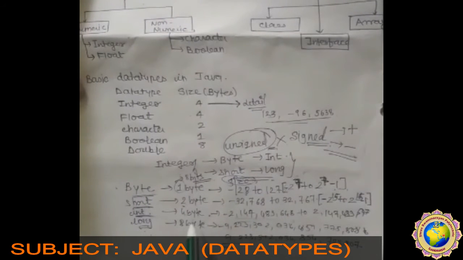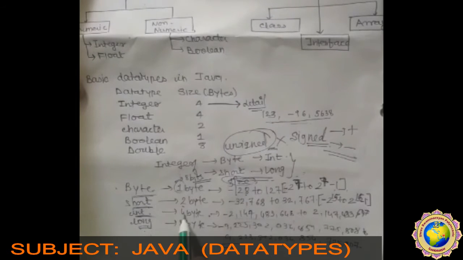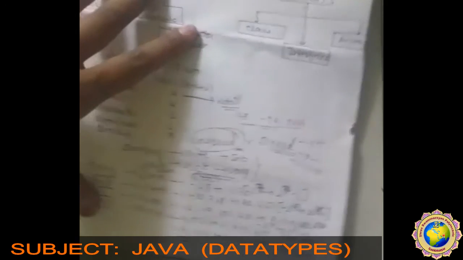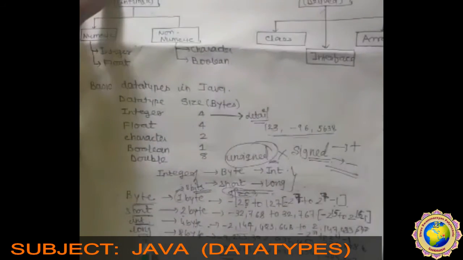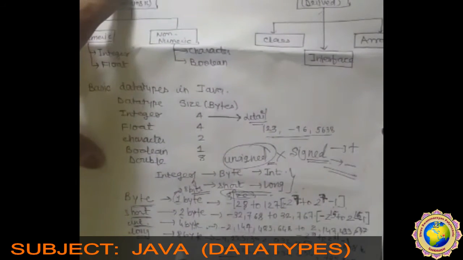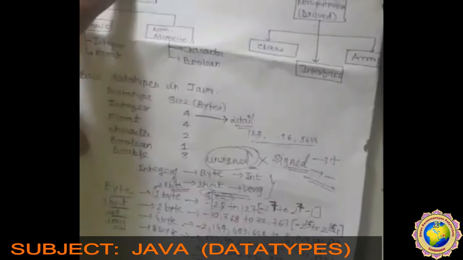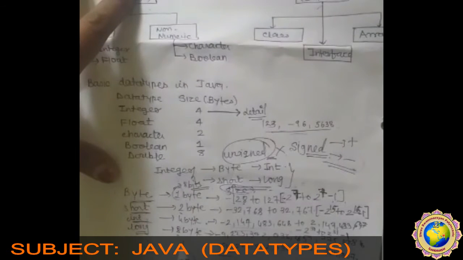Now the integer, 4 bytes. 4 bytes means 8 4s are 32 bits. So the size is minus 2 raised to 31 to 2 raised to 31 minus 1. Long is 8 bytes. 8 8s are 64.